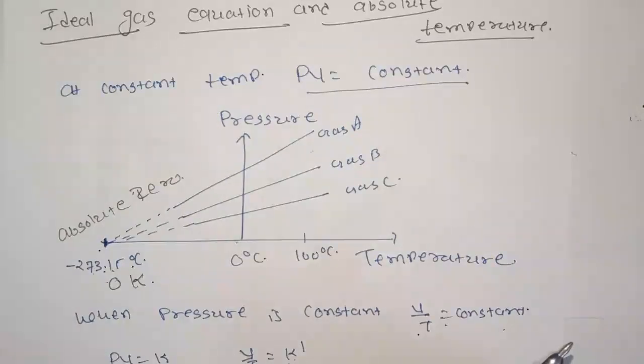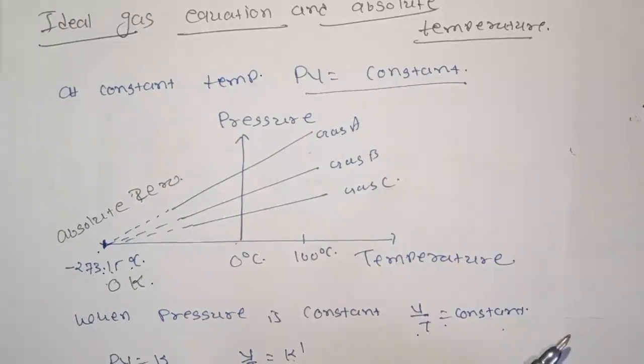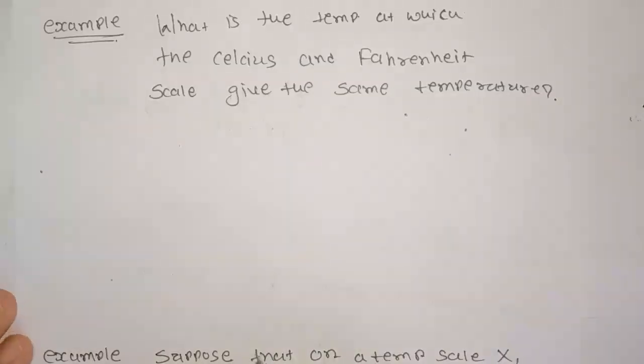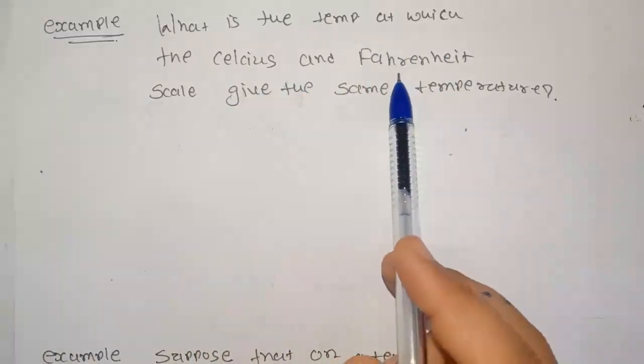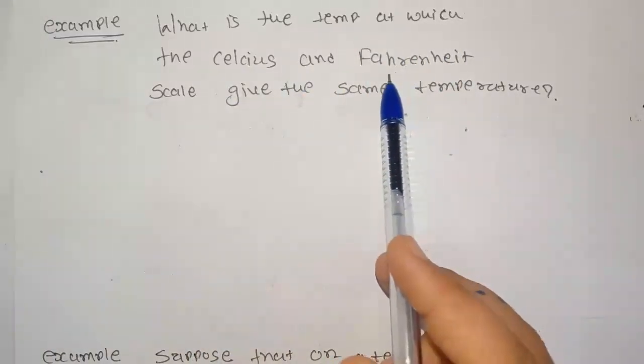Now let us see some examples based on the temperature scales. In this example, what is the temperature at which Celsius and Fahrenheit scales give the same temperature value?